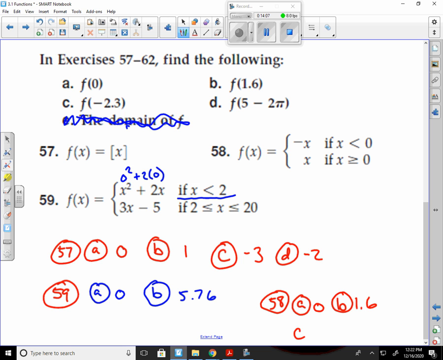What about C? C goes into the top. It's negative 2.3. So this would be a negative of a negative 2.3. So that would make it a positive 2.3. And then the last one. First I solved that 5 minus 2 pi out. I guess I should actually do that, huh? 5 minus 2 pi.